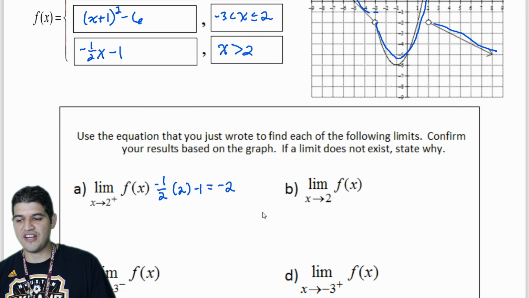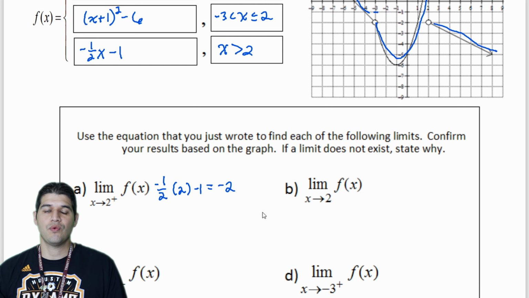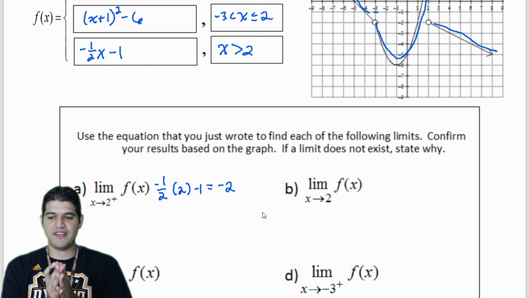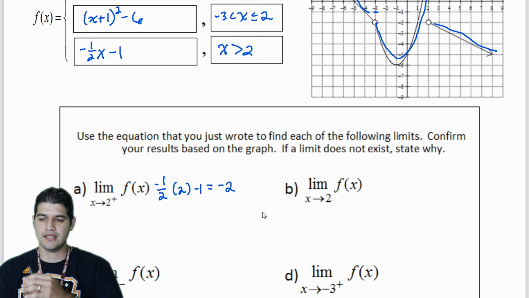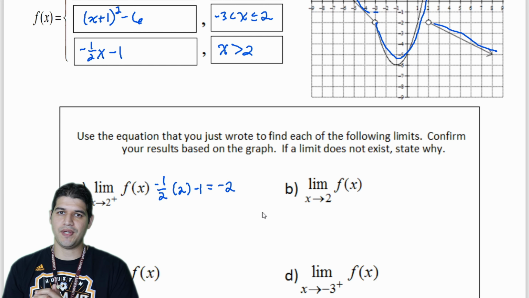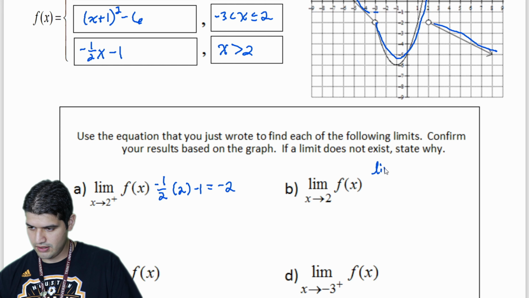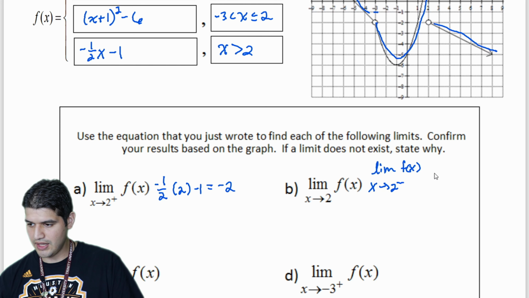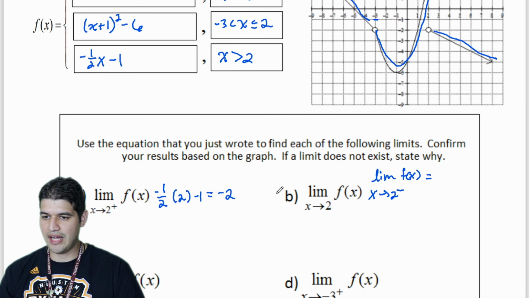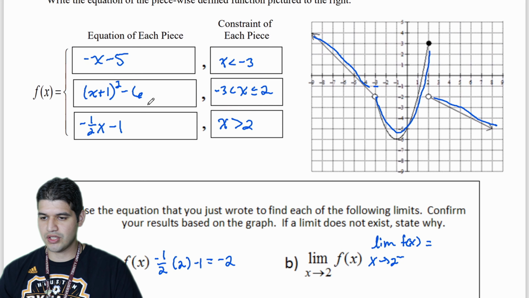Now, the limit of f of x as x approaches 2. Remember, if it's a specific value, then we need to do it from both sides. I just did the right side, so I'm going to do the left side now. The limit of f of x as x approaches 2 from the left. Values left of 2 are less than 2, so I'm going to be using our second equation.